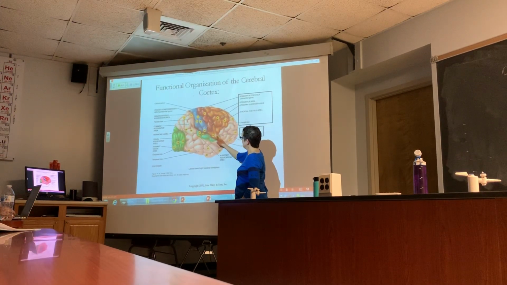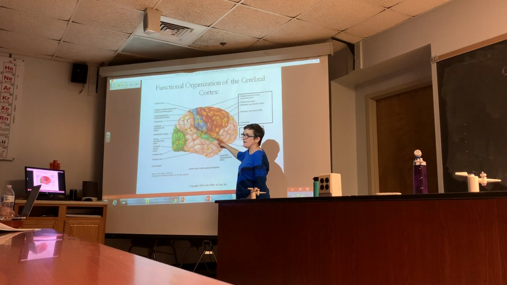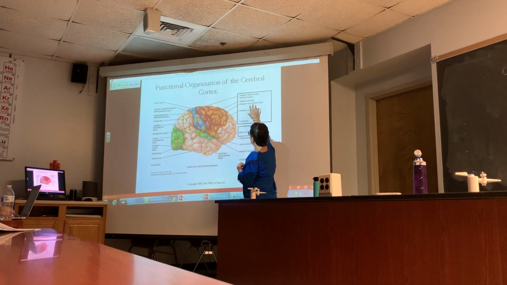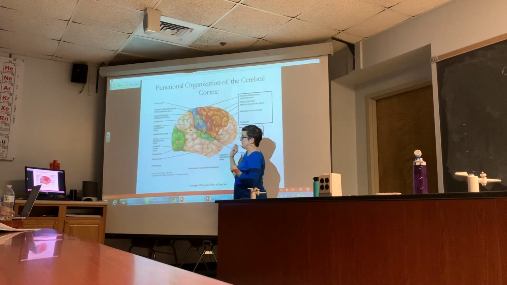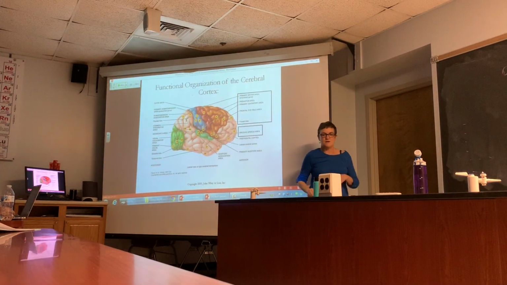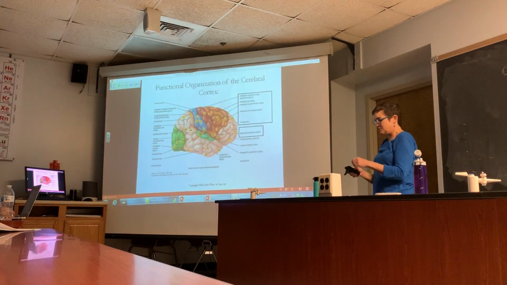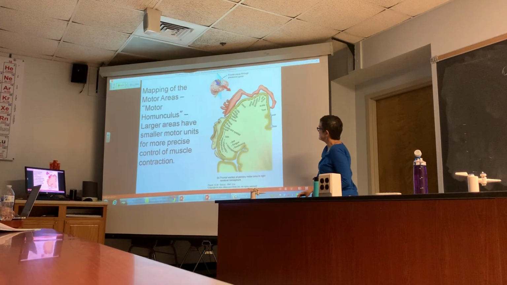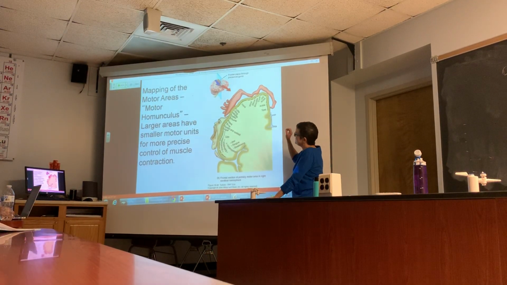This area here, 44 and 45, contains the Broca's speech area, which controls muscle movements in your mouth and throat, the skeletal muscle of your mouth and throat involved in speech. So all of these motor areas are in the frontal lobe, and all are involved in controlling skeletal muscle contraction.